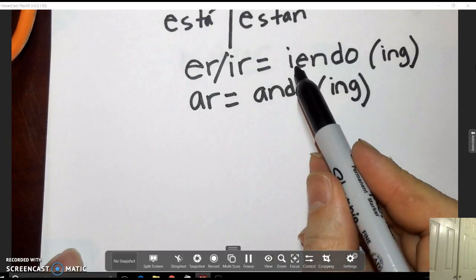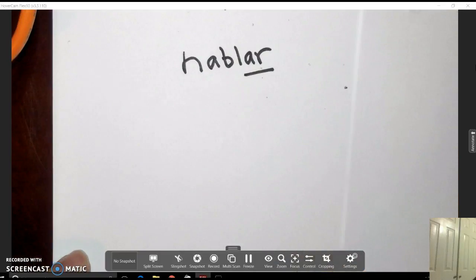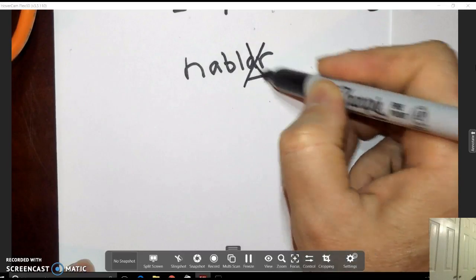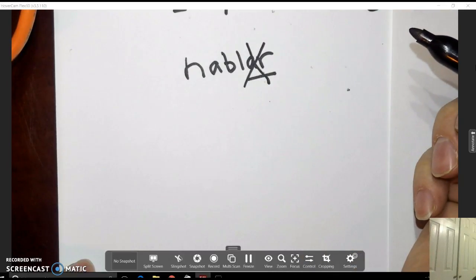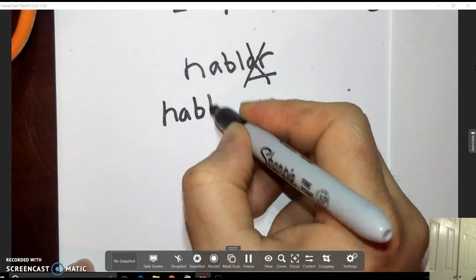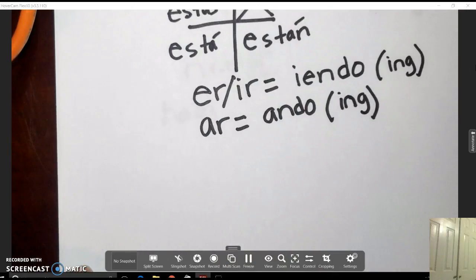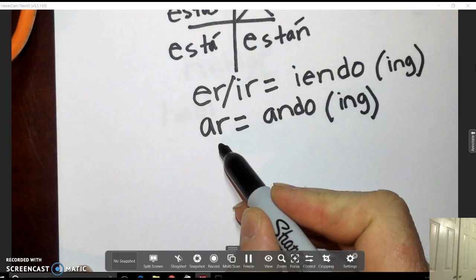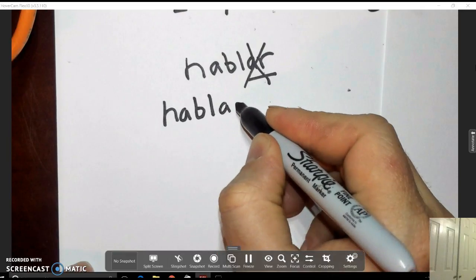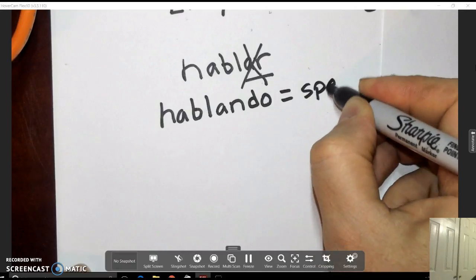It's not going to be IENDO like the ER-IR. So we drop off the last two letters, just like we're conjugating a verb, and you're left with this stem. Because it's an AR verb, we add ANDO to the end, and you get a new word, speaking or talking.